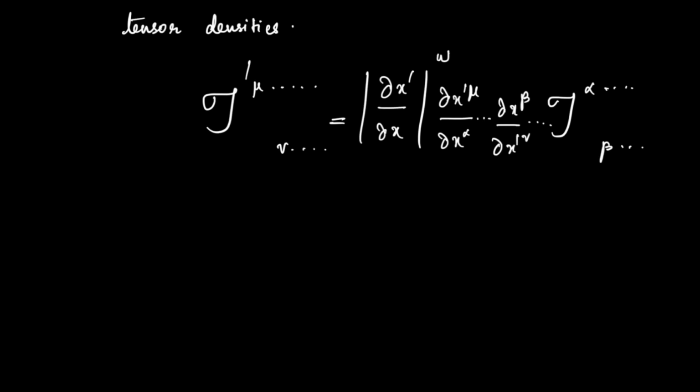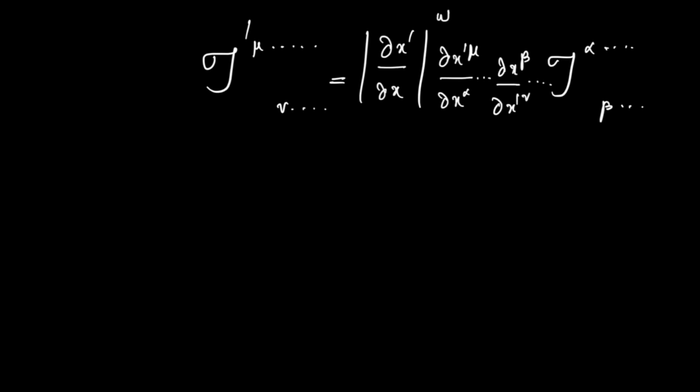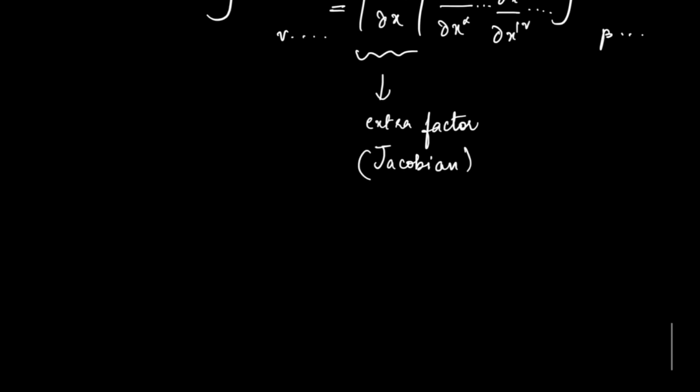So a tensor density transforms like a tensor except for an extra factor, the Jacobian of the transformation raised to a power w, where w denotes the weight of the tensor density.